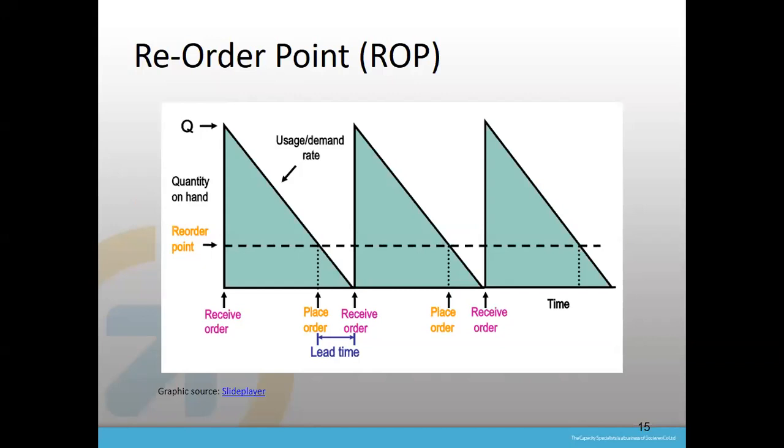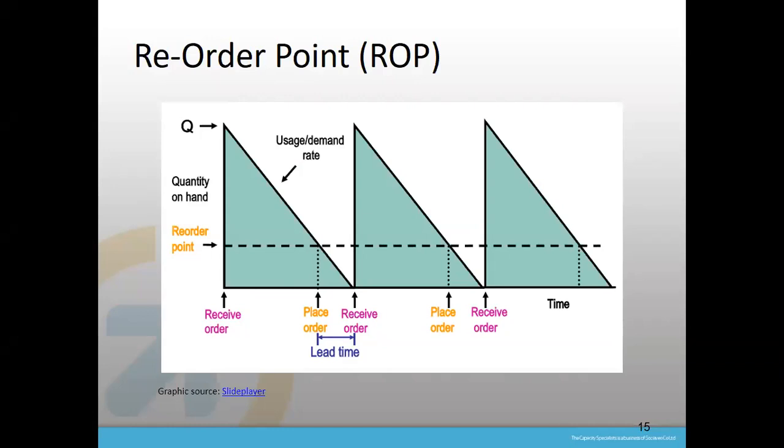So now the order cycle looks like this, right? On the left-hand side, we have the new order coming in, and then we have the demand rate and the stock on hand, the inventory we have in our warehouse, reduces until zero. But that is when we need to receive the order. We go back by the lead time, let's say 2 weeks, and that's when we have to place the order.